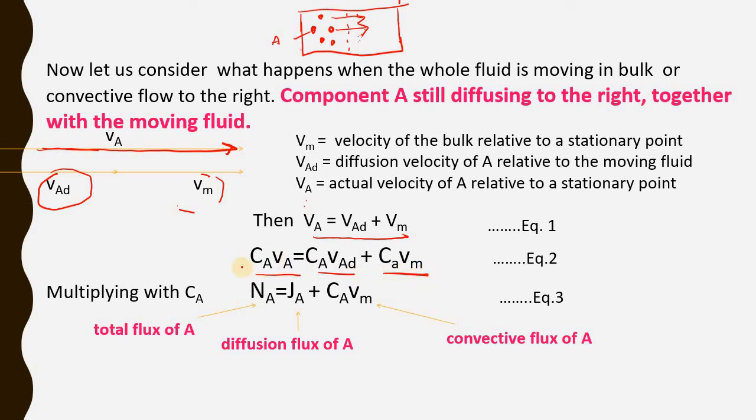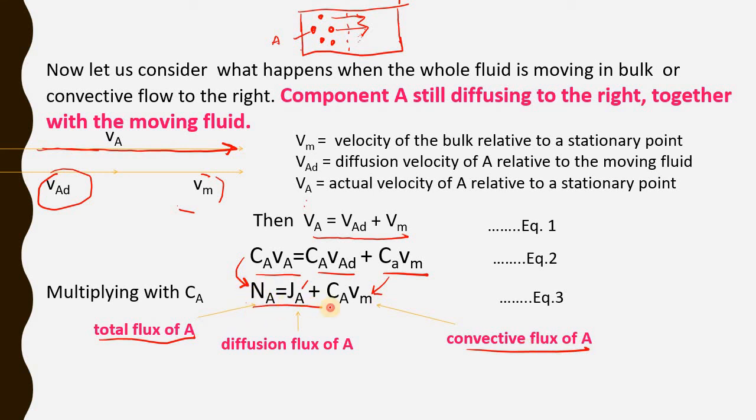CA VA we can write as NA, the total flux of A. CA VAD is the diffusion flux of A, and CA VM is the convective flux of A.